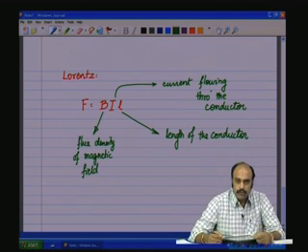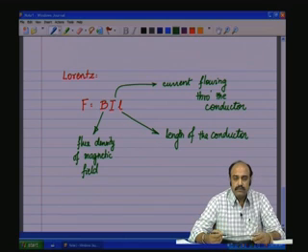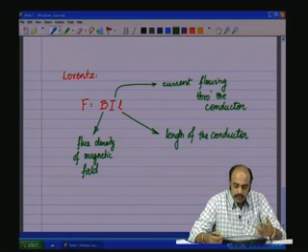So, this gives the force in newtons on a conductor which is placed in a magnetic field B of length L, carrying a current I through it.